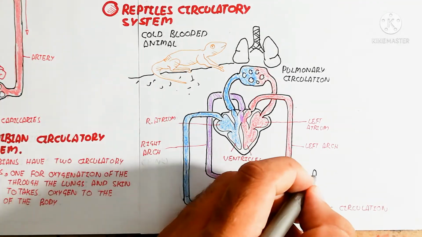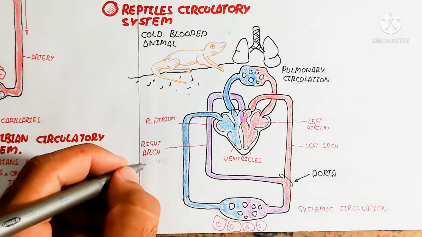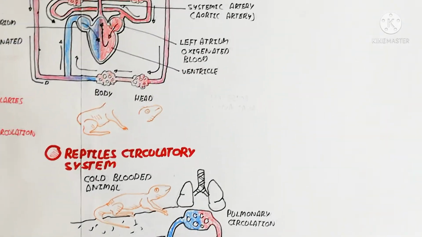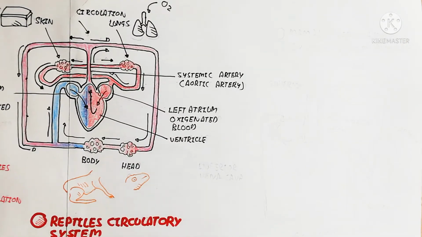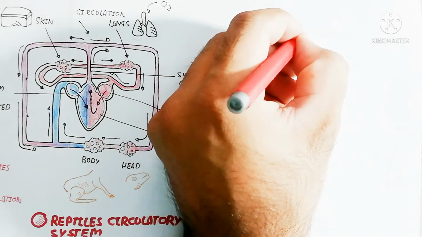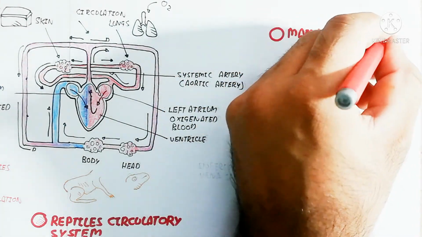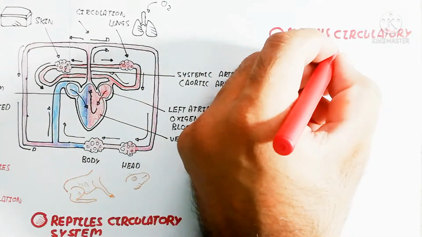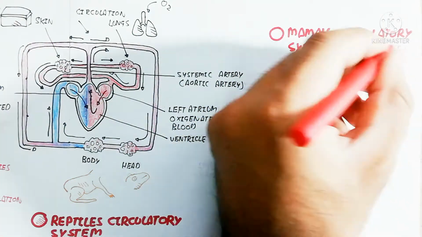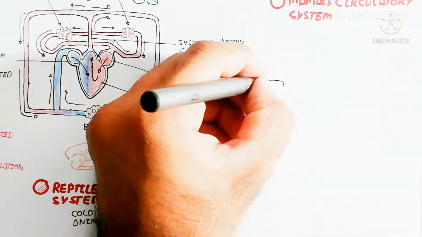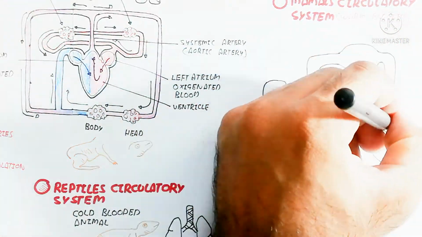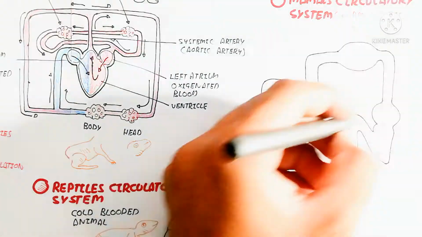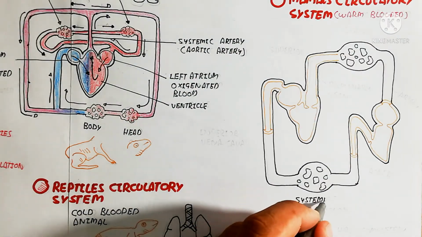The right arch and left arch are ultimately joined together to become the aorta. The right arch basically mixes the blood. This mixing of the blood is why it is a cold-blooded animal, which changes its heat mechanism. So that is the important thing.